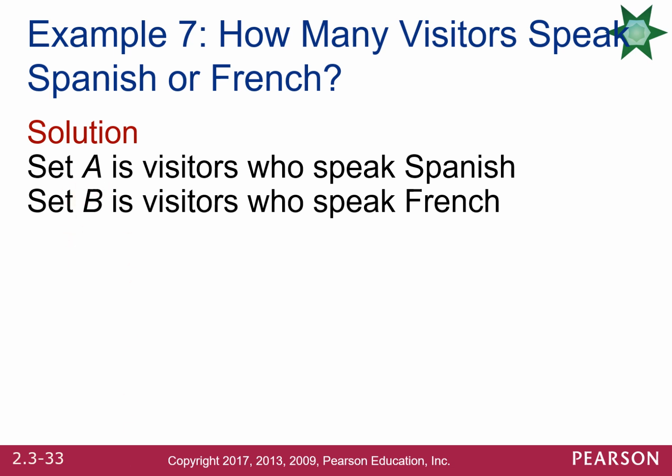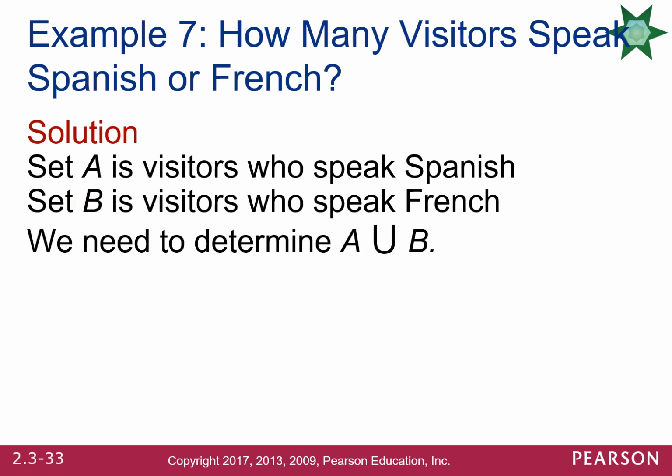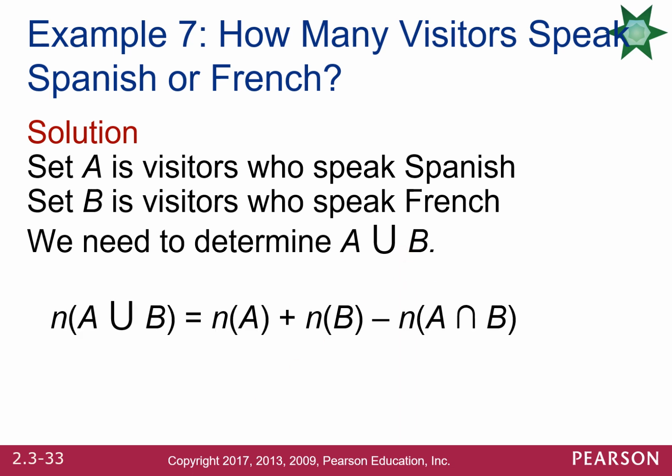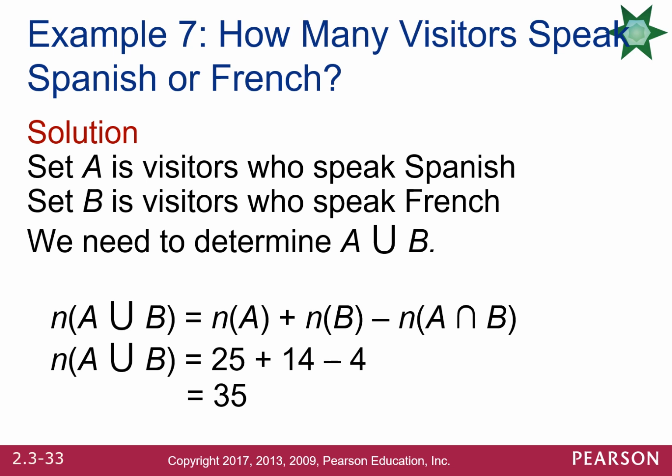And then we need to determine A union B. So N of A union B is equal to N of A, the number of elements in A, plus the number of elements in B, minus the number of common elements between A and B. So we have 25 plus 14 minus 4, for an answer of 35, right?